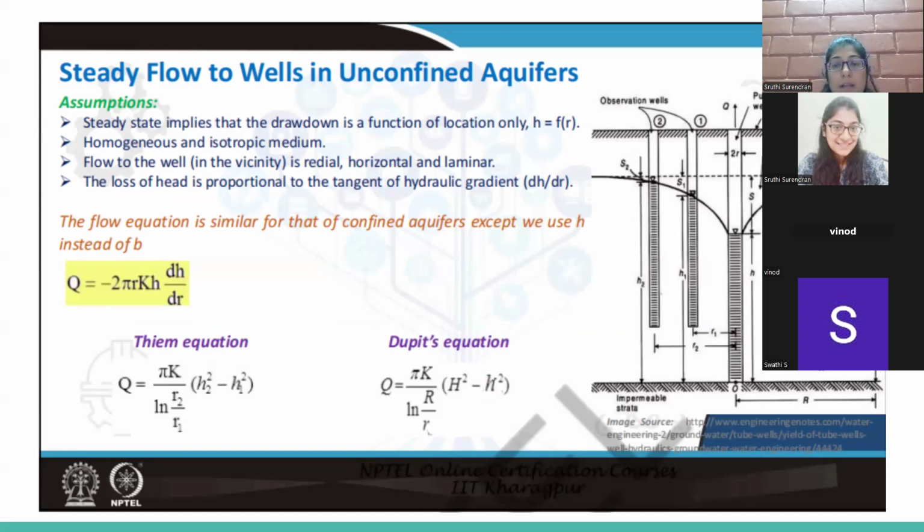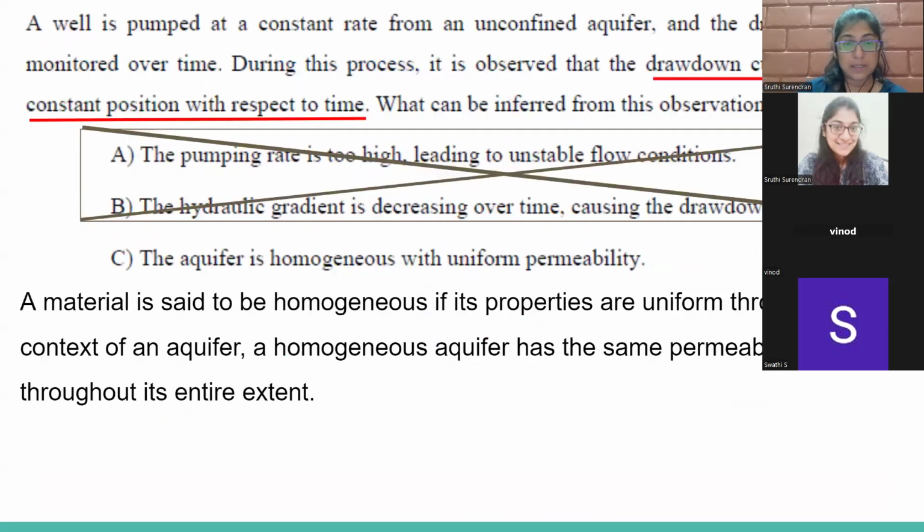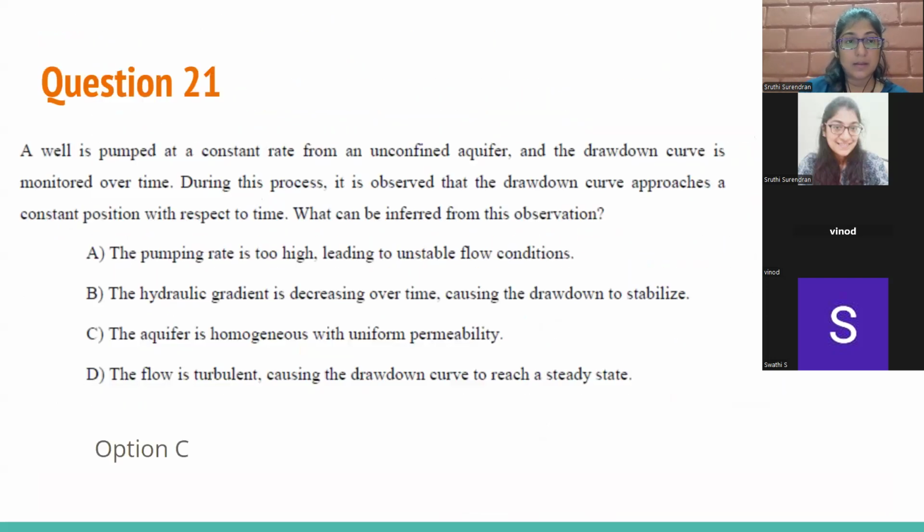Isotropic is when the properties at any point of the soil are going to be the same. So that means permeability, which is a property of the aquifer material, will also be the same at all points. That is what uniform permeability means. So that is one assumption of steady state flow in unconfined aquifers. So option C would be the correct answer.